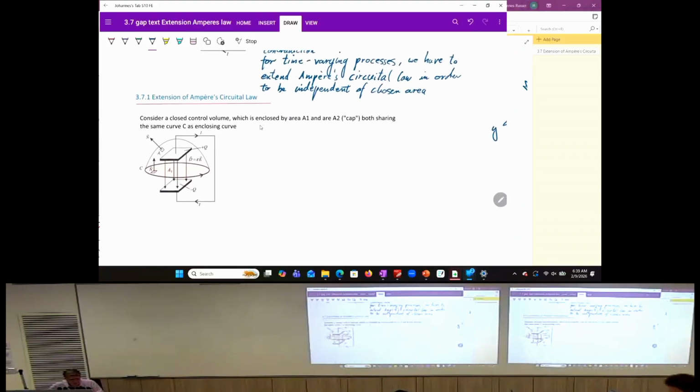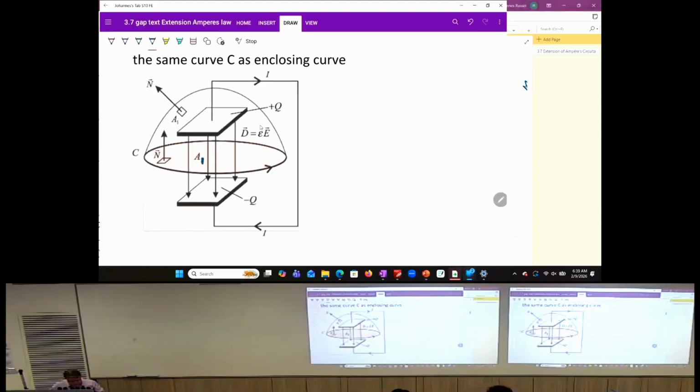So now let's look at the control volume here. Basically, the enclosing area of that volume now are the surfaces A1 and A2. We use this dome-like area and put the other area A1 there as a lid.